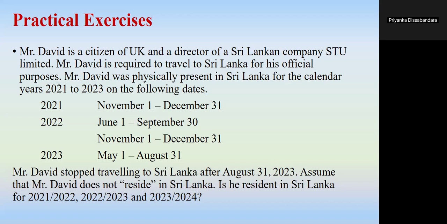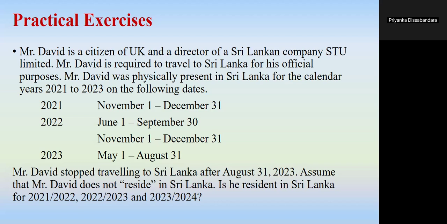Then he again came back to Sri Lanka on 1st of November and stayed here until 31st December. And in 2023, he came to Sri Lanka on 1st of May 2023 and went back on 31st of August 2023. Mr. David stopped traveling to Sri Lanka after August 31st, 2023.